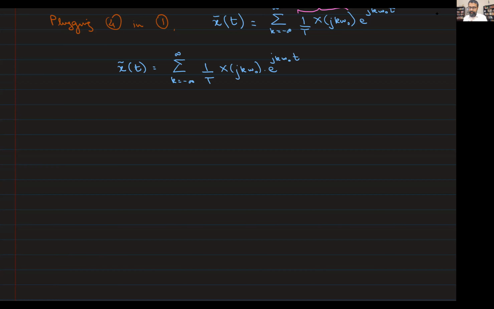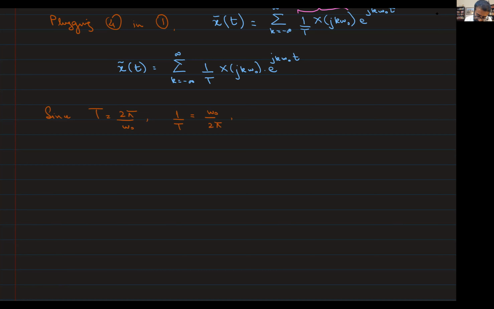Now I'll replace this and do some other manipulations as well. Since T equals 2 pi by omega naught, we have that 1 upon T is equal to omega naught by 2 pi.